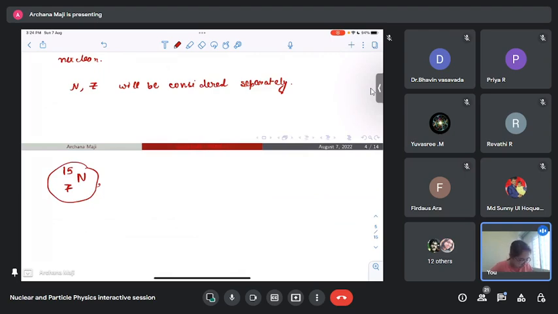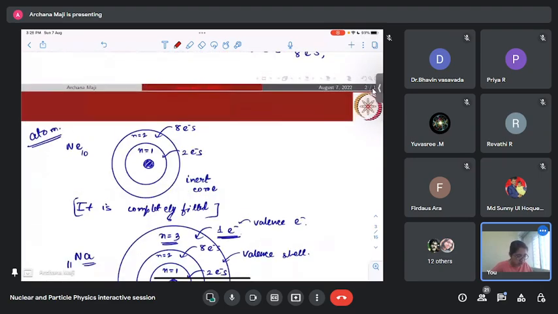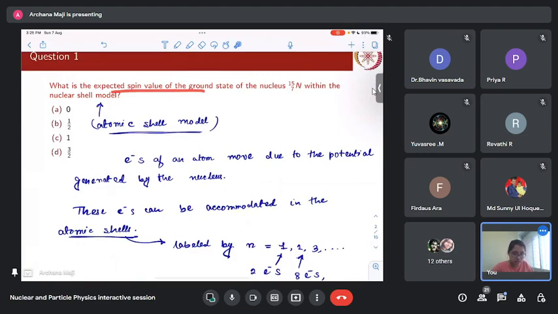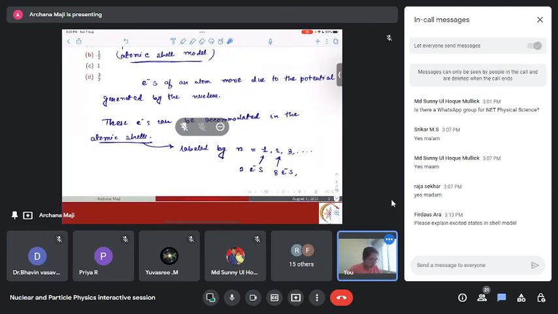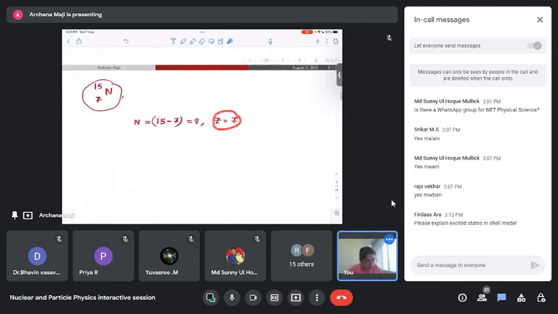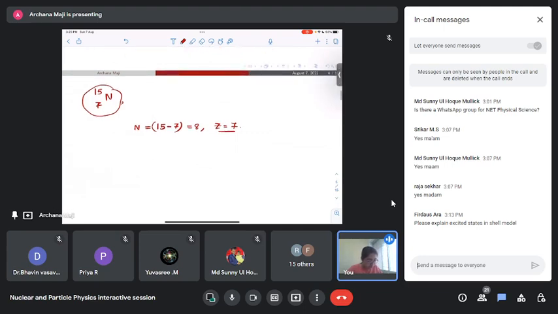So what is the neutron number? 15 minus 7, that is 8, and proton is 7. So are we supposed to consider neutron or proton in order to answer this question? Okay, so the thing is, we have to consider the proton, because one unpaired proton will be there in the shell.